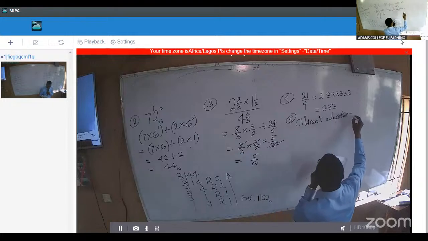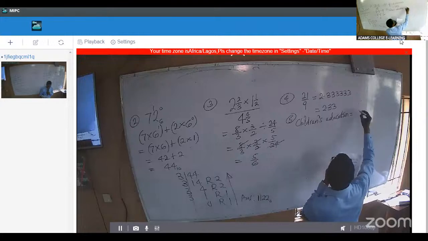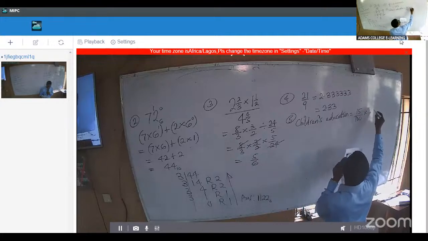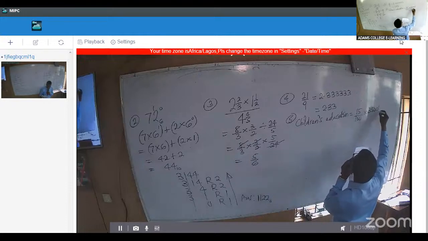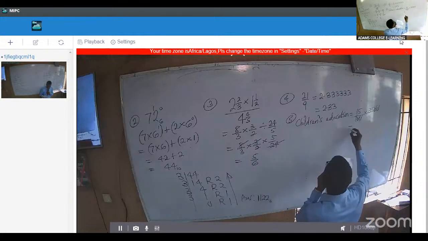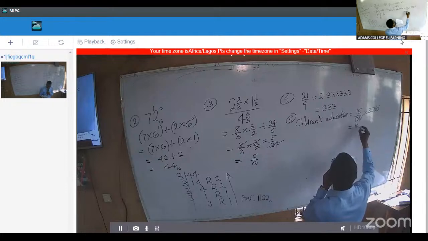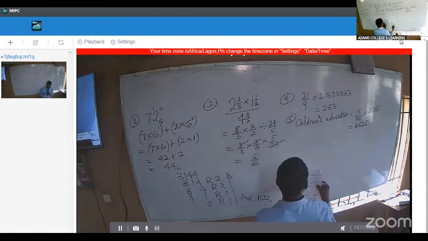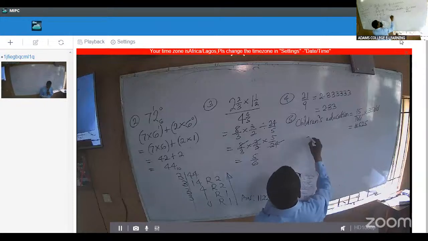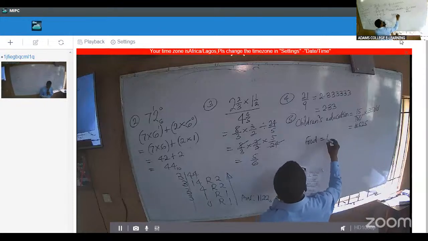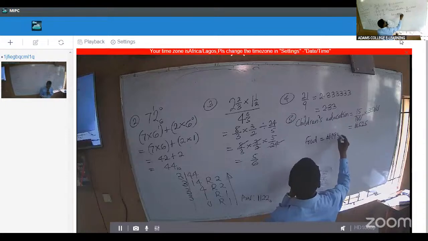Children's education, 15%, 15 over 100. That's how much? 3,500 times 15 over 100. What is 15 times 35? 525. He spent what again on food? 1,950. What are we going to find?